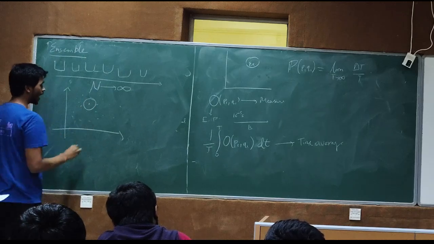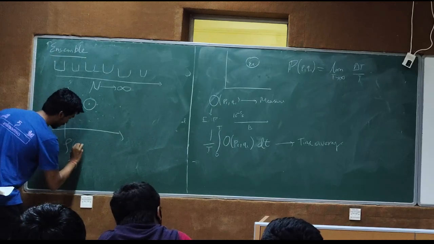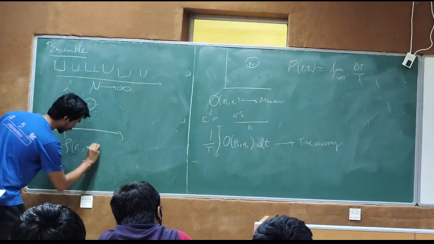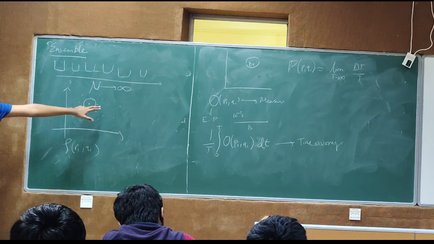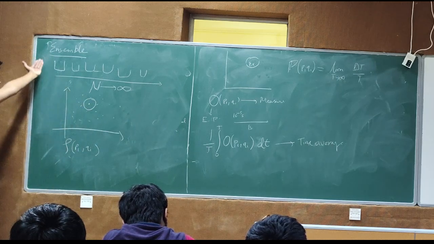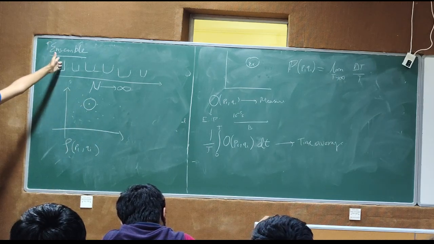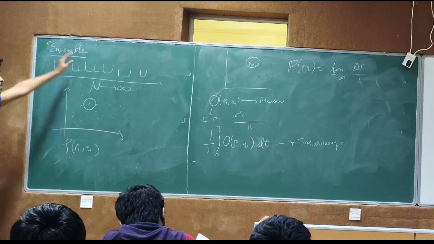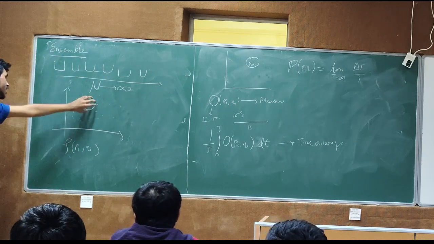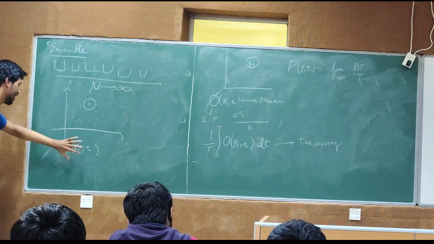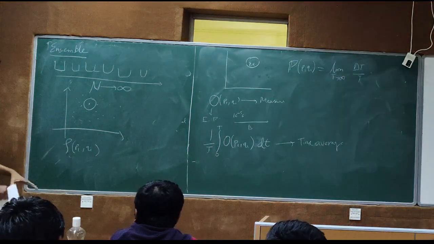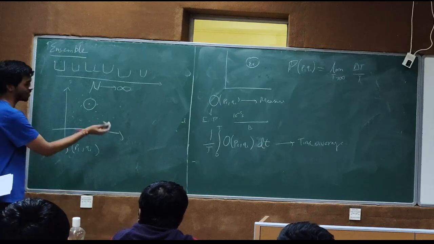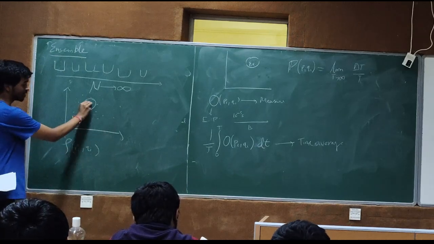I denote that by rho of P, Q. So you find the density of representative points of the microstates of each system in the ensemble. In this region, the density is like the probability that the system is in this region.